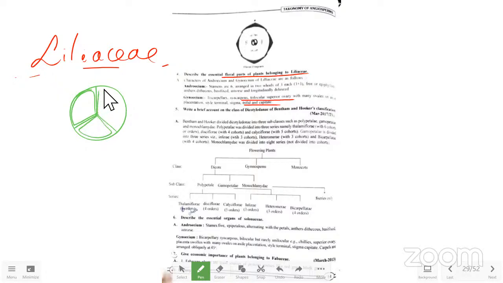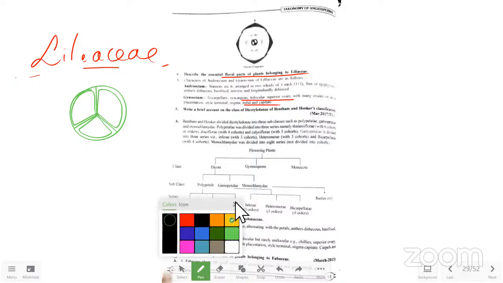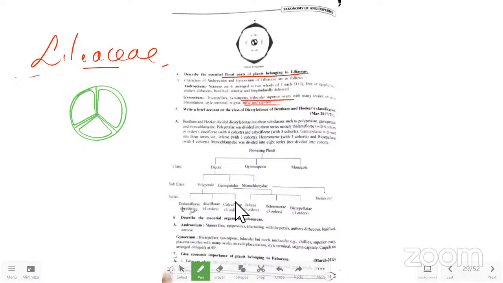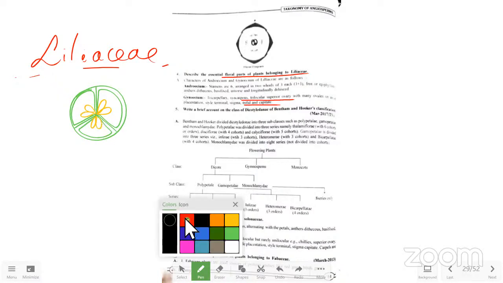See how easily I am drawing. This is the tricarpellary. That means the three carpels and the three locules are present with the axile placentation. Ovules are in the axile placentation, and many ovules are present. Now start giving the labeling.